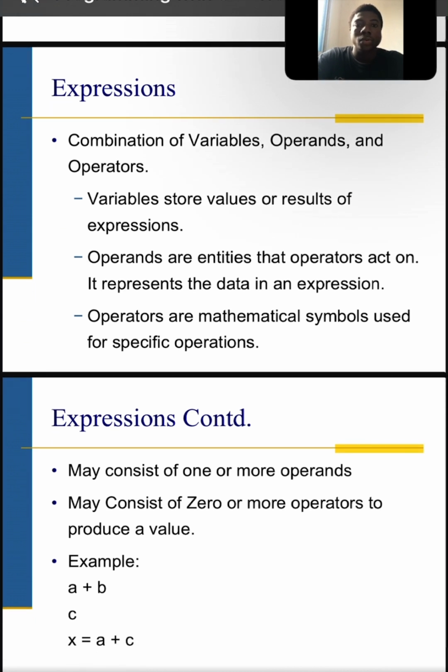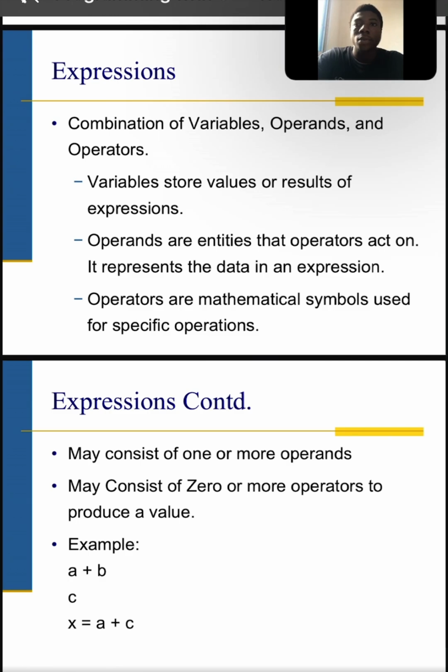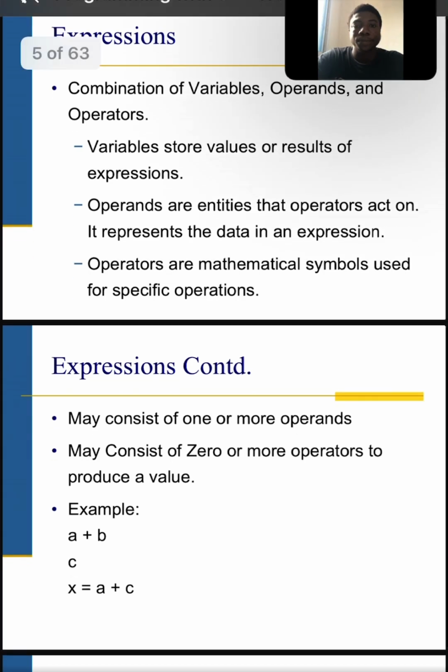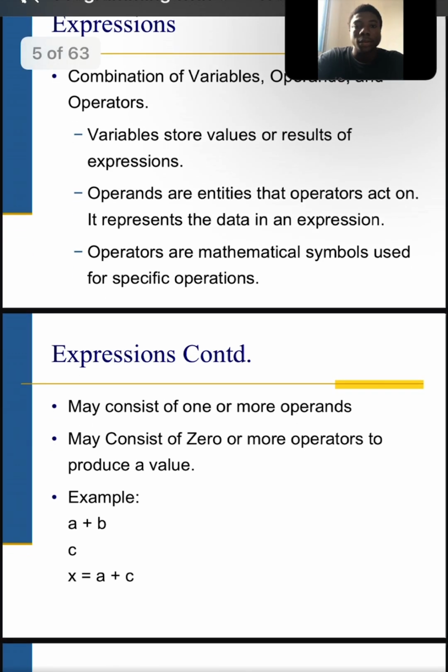And we will continue, an expression may consist of one or more operands, which I mentioned earlier, like 2 plus 3. We have integer operands, we have float operands too. An expression may consist of 0 or more operators to produce a value.